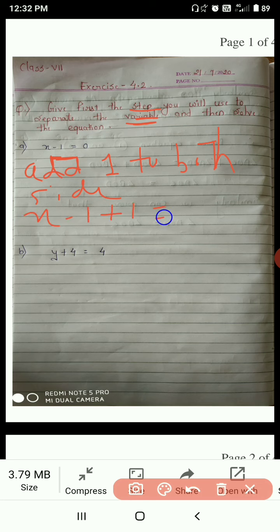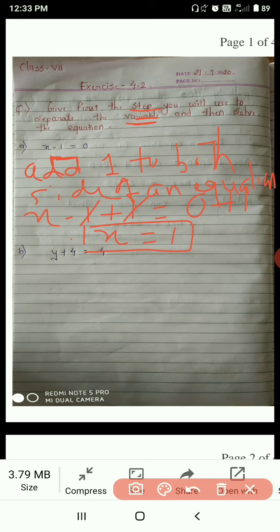Then see, minus 1 and plus 1 are both 1 with a different sign, so they cancel. Then what will be left? x equal to 0 plus 1. So this is the answer of your equation. And what is your step? Your step is add 1 to both sides of an equation.